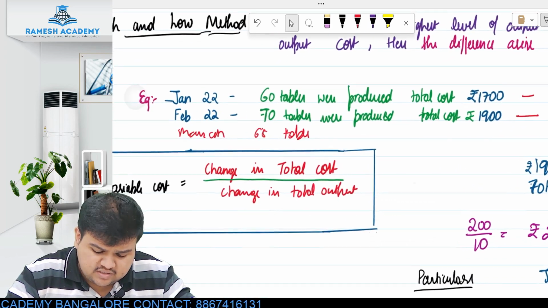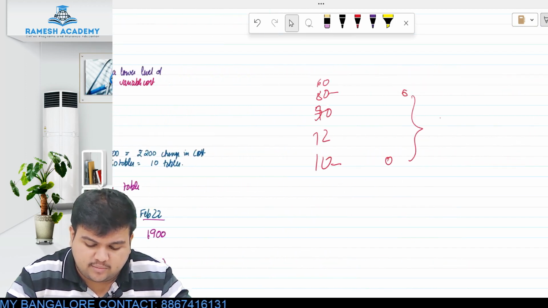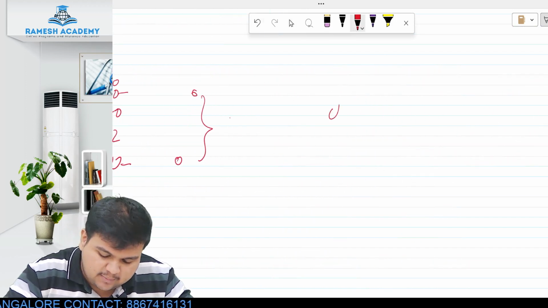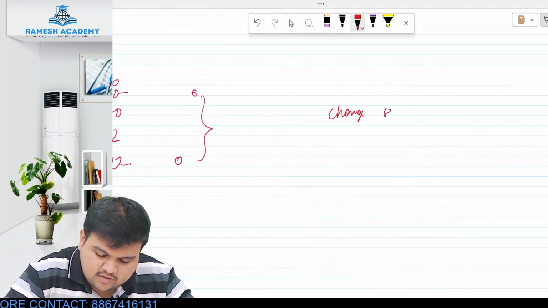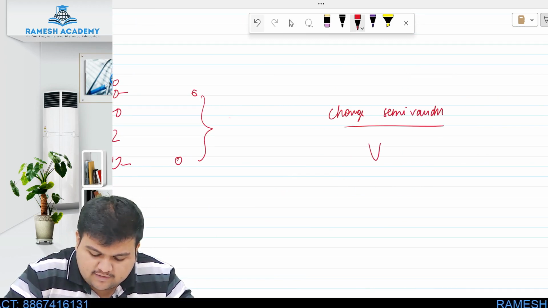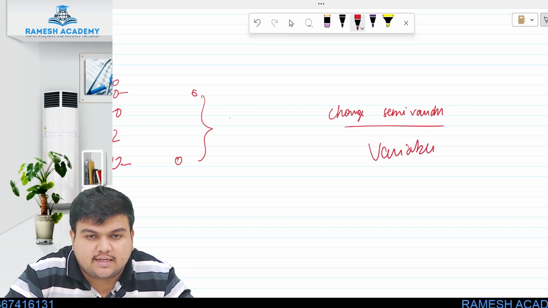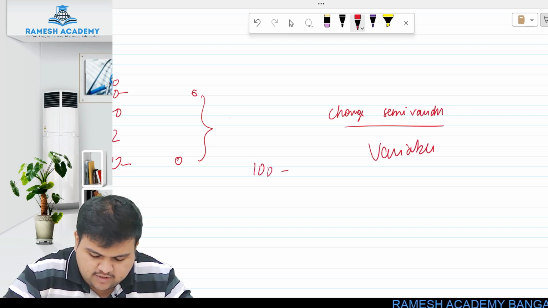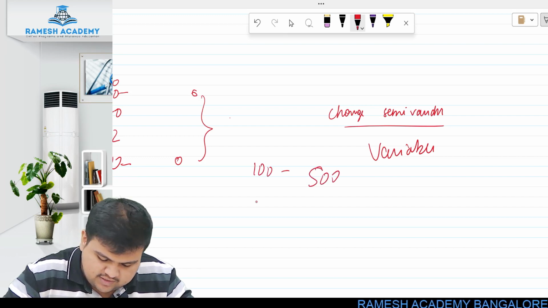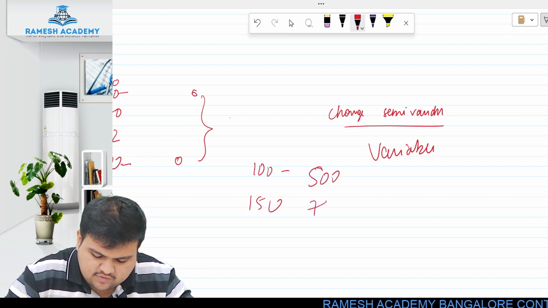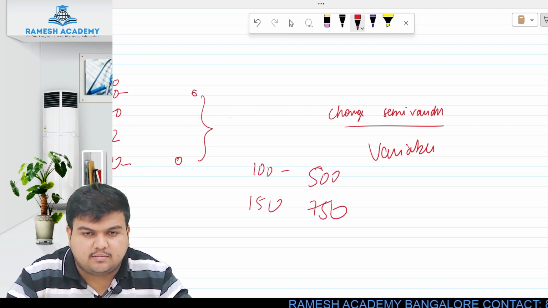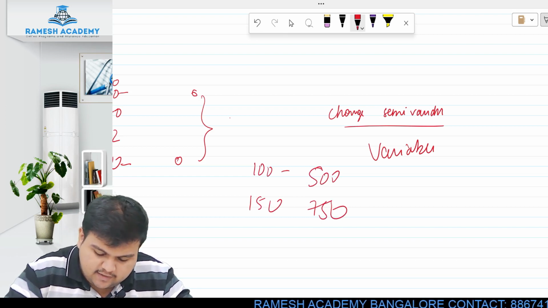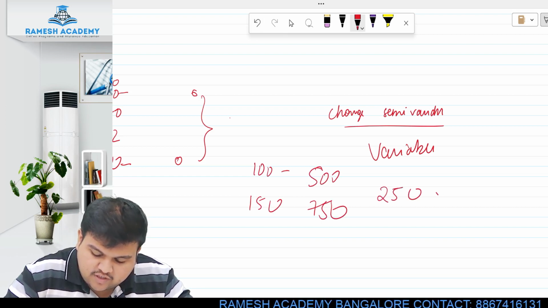One thing you need to remember: if any change happens in a semi variable cost, it is because of variable cost. For example, semi variable cost expenses for 100 units are 500 rupees, and for 150 units are 750 rupees.